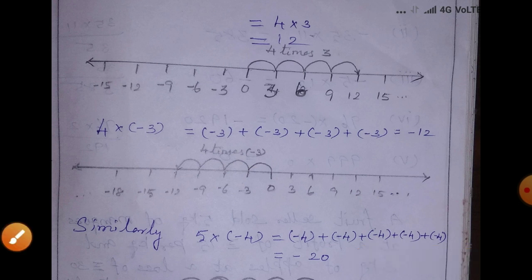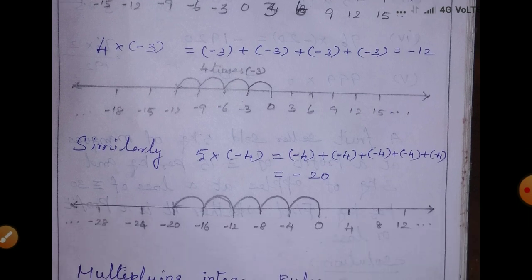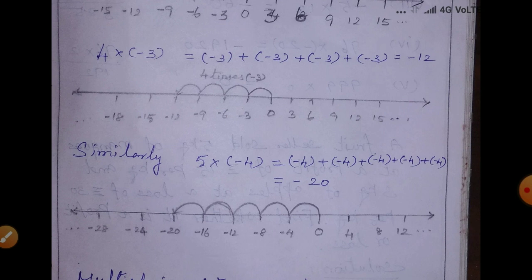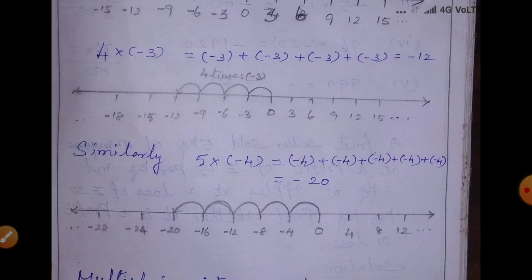Similarly, 5 into minus 4 is equal to minus 4 plus minus 4 plus minus 4 plus minus 4 plus minus 4, that is equal to minus 20.